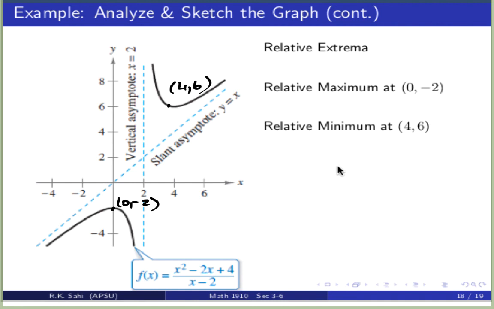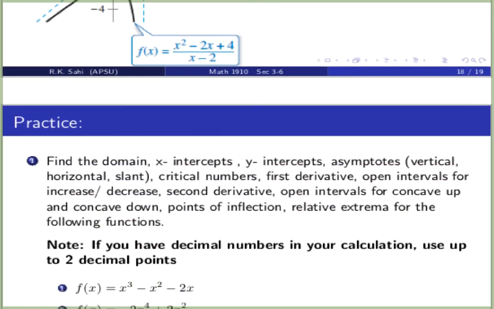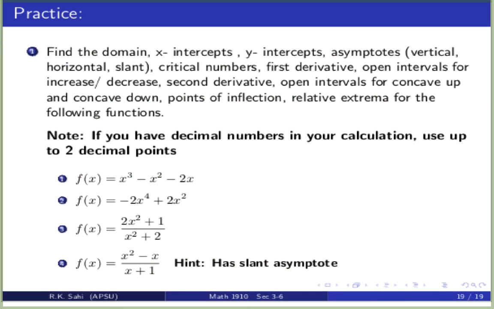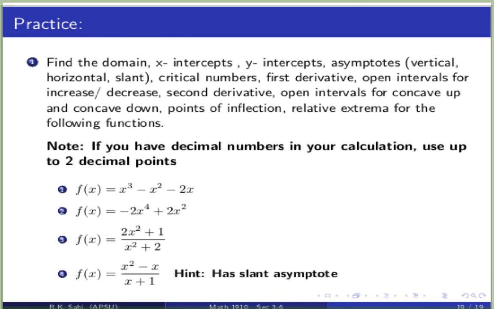Well, I hope you guys now have understood a little bit of how things work. Whatever we have done, I basically put together in section 3.6. Okay, and now I would like you to practice. I've given you 4 problems, and I want you to do all the guidelines.